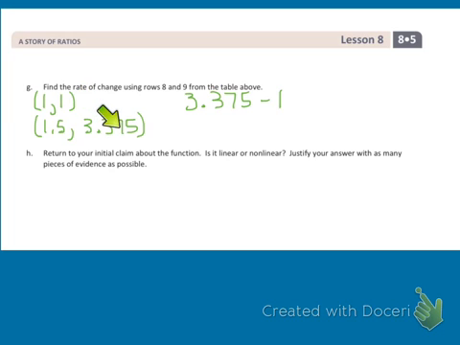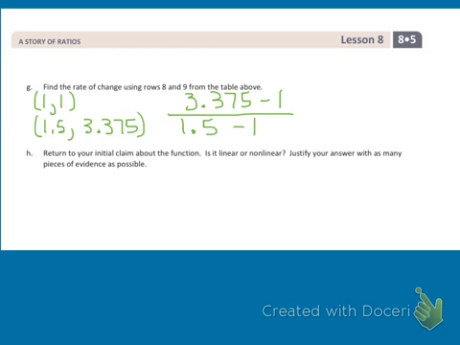So there's a y value and a y value, and then that is divided by the y value that goes with this output. So I've got the x value, I should say, 1.5 minus 1. So this is over 1.5 minus 1, which is the difference in the x coordinates.